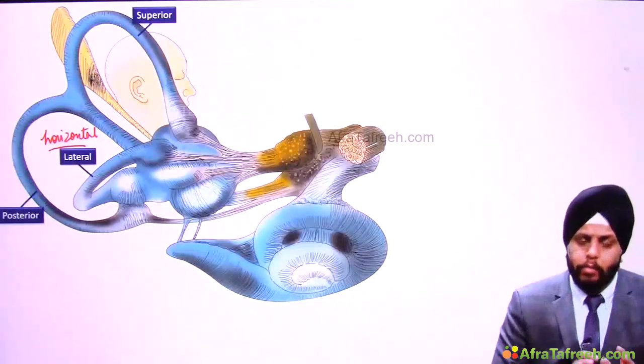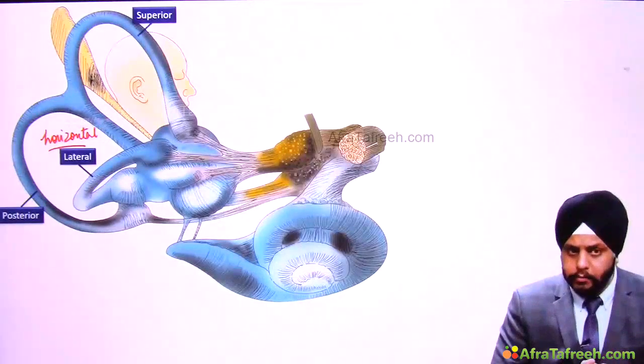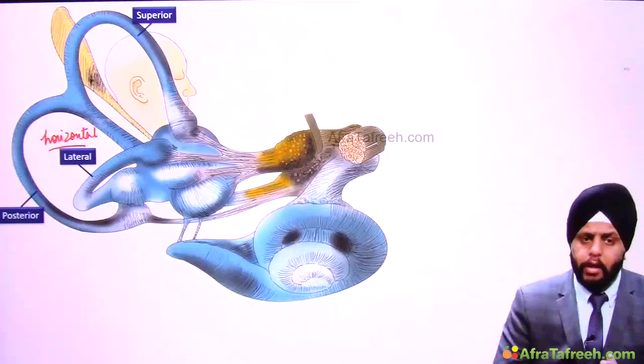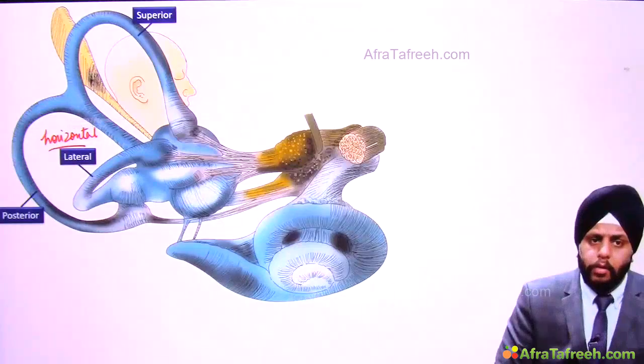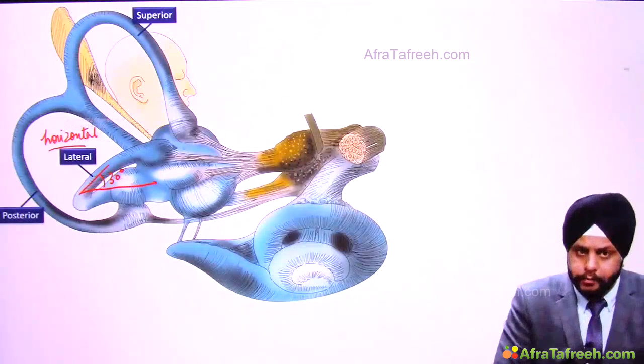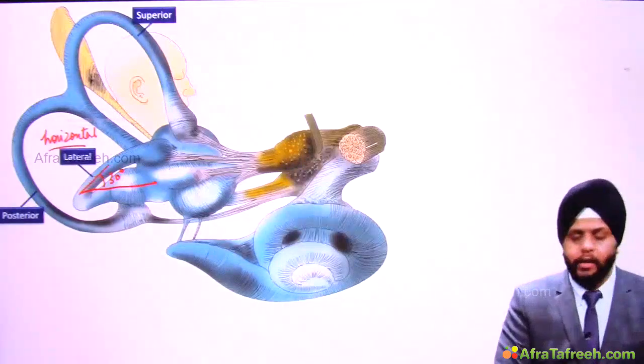This is known as the horizontal canal, but it's actually not horizontal. It's better named the lateral canal because it is at an angle of 30 degrees to the horizontal line. So if I move my head in this way, the lateral canal is stimulated.